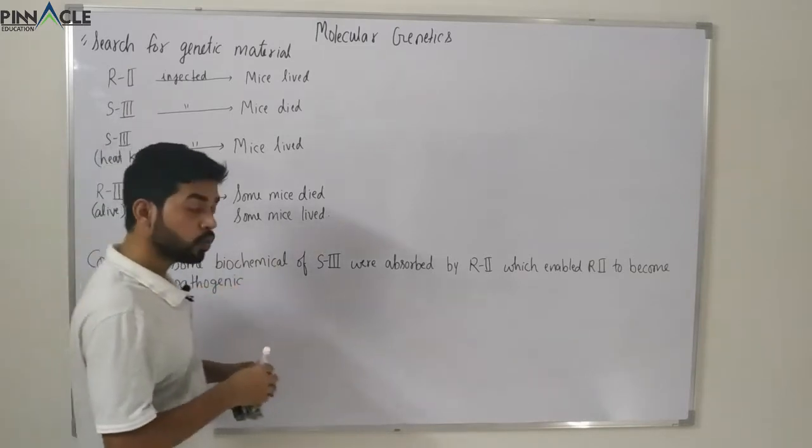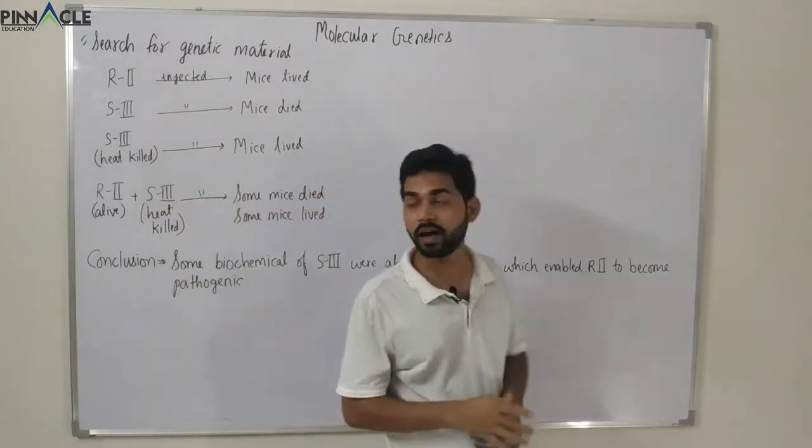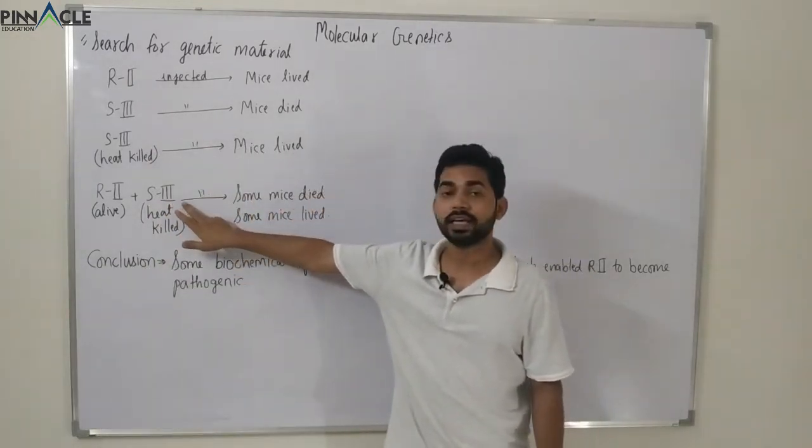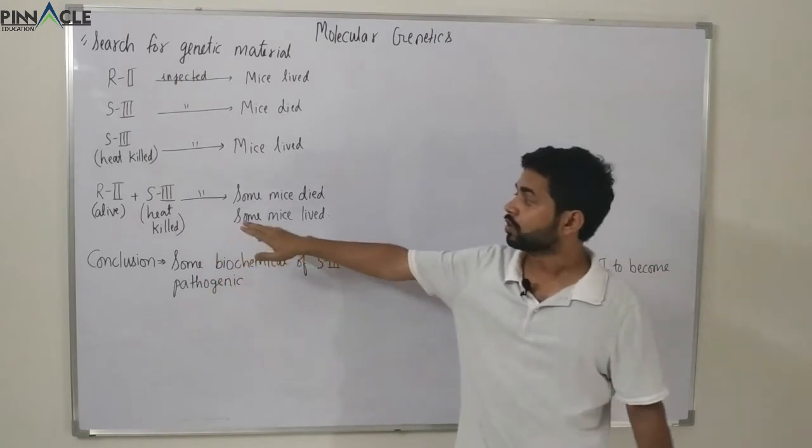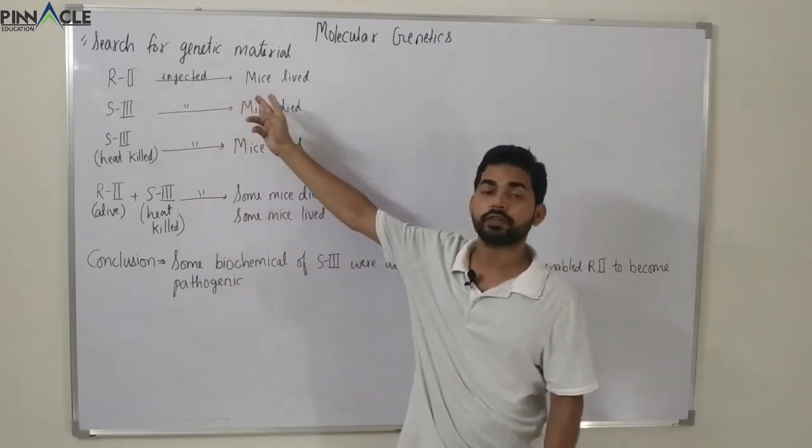So R2 only became pathogenic after it was mixed with S3 dead bacteria, not when it was alone.